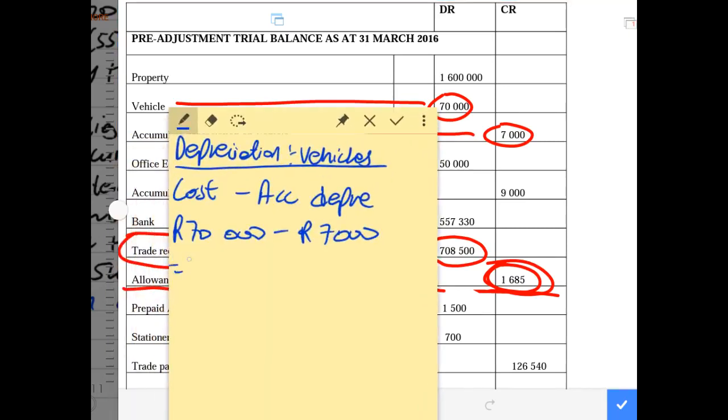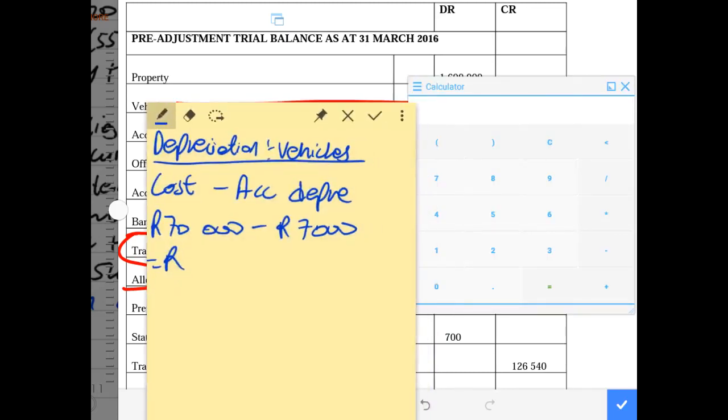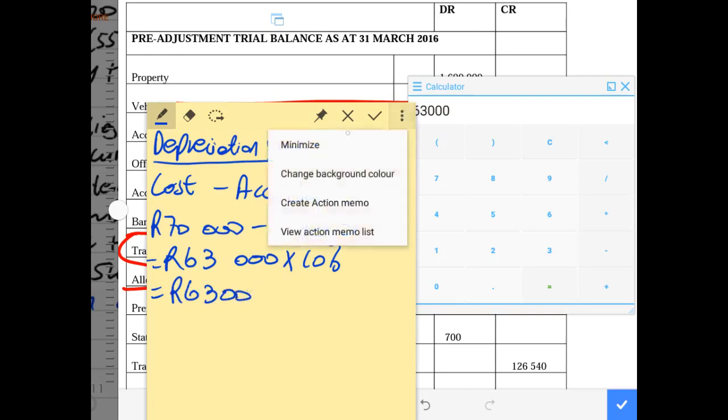Therefore we subtract the two, and we get the depreciable amount. 70,000 rands less 7,000 rands gives us 63,000 rands. We multiply this by 10%, and this will give us 6,300 of the depreciation for vehicle.